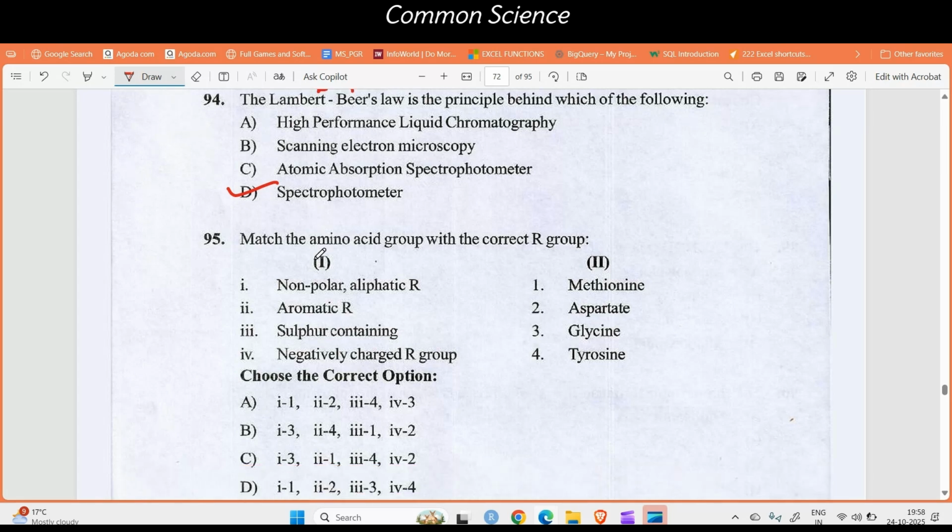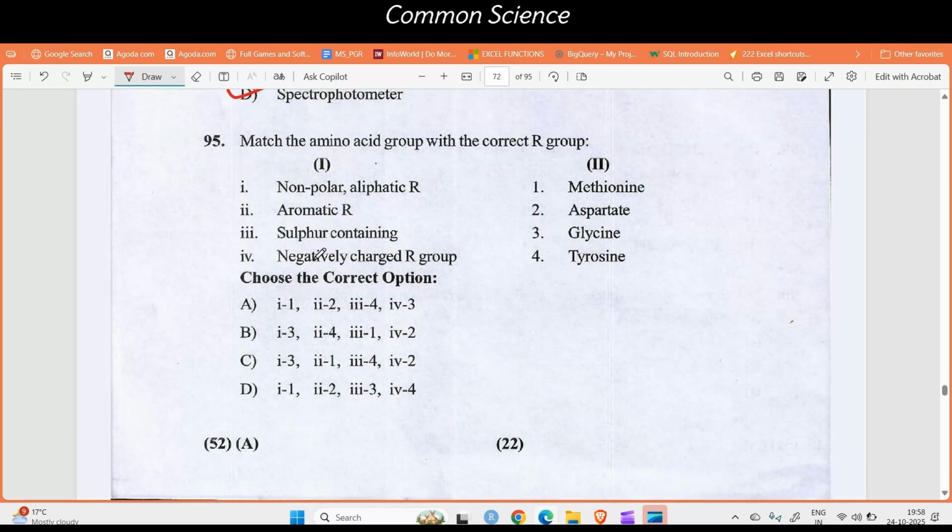Question number 95 says, match the amino acid group with the correct R group. If you look at non-polar aliphatic, non-polar is glycine and it's aliphatic R. Aromatic side chain is present in tyrosine. Sulfur containing is methionine, and negatively charged R group is aspartate plus glutamate.